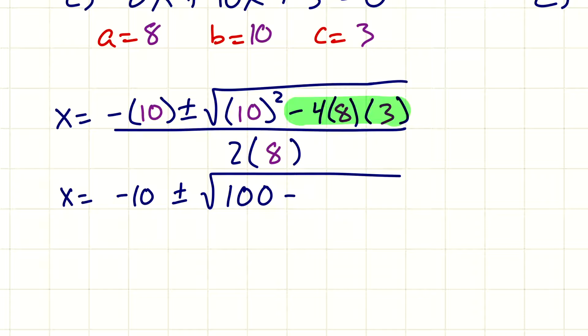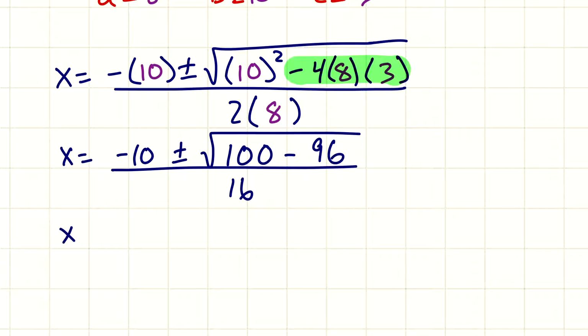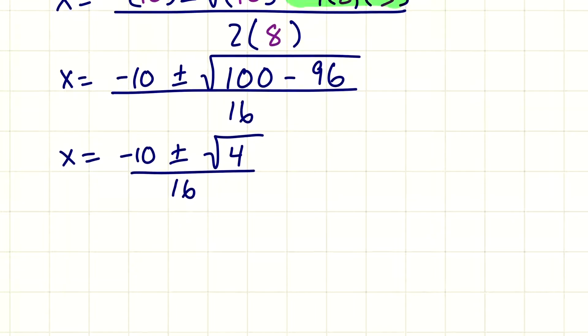This is going to give us 96. That's a good number because 2 times 8 is 16. 100 minus 96 is going to give us a nice 4. So the square root of 4 over 16, which means we have negative 10 plus or minus 2 over 16.